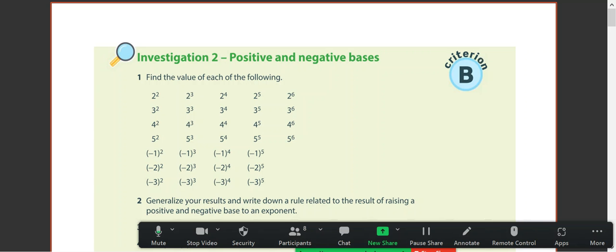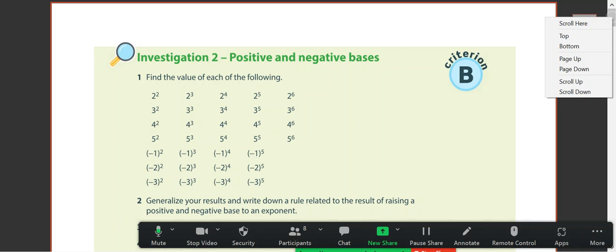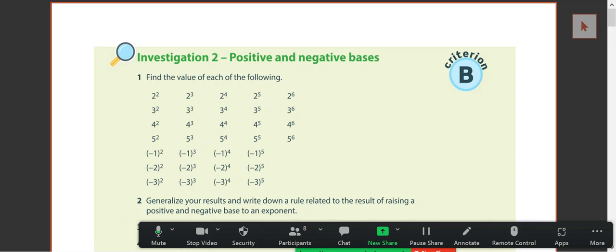What we've got is this Investigation 2, positive and negative bases for exponents, and it's a Criterion B assessment type task. The idea is that I don't tell you what to do or how to do the next things.